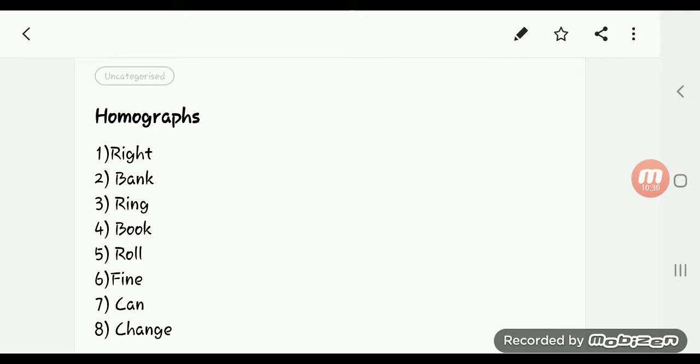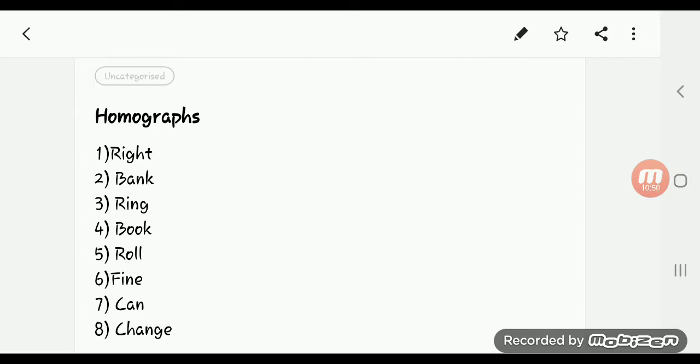Now, if we think about it from an exam perspective, I don't think there will be any question on homographs. And even if there is, it will be like give an example of a homograph, very simple.